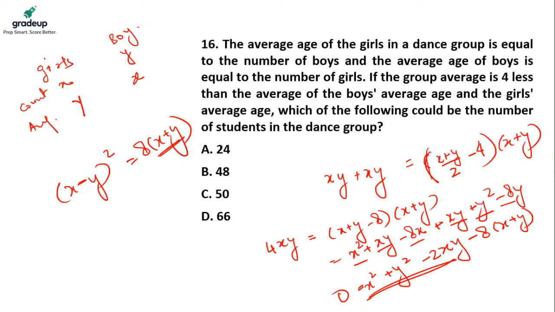So if I simply look at the options, option C is 50. 50 into 8 is 400, which is 20 square. It is the only option which gives a square when multiplied by 8. So my answer has to be C. It's not asking me the exact number, it's asking which of the following is a possible number of students. So possible number of students is 50.